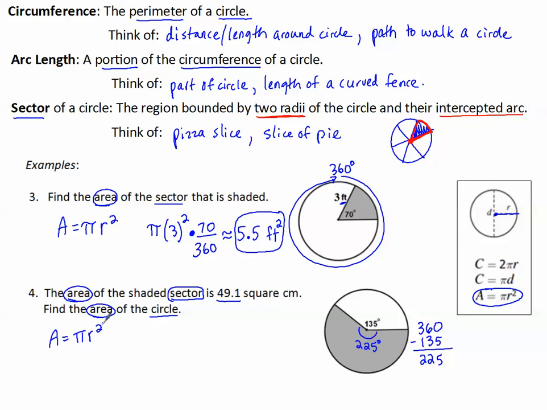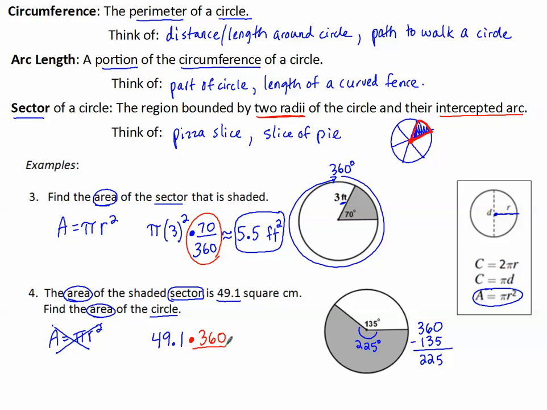So instead of needing a formula, because they already gave us that area, we just have to work backwards and say if 49.1 is the sector, I want to get to the entire circle, so I want to make it bigger. So you know here how we multiplied by the degree of the sector divided by 360? Well, now we do the opposite. We divide by it or multiply by the reciprocal.